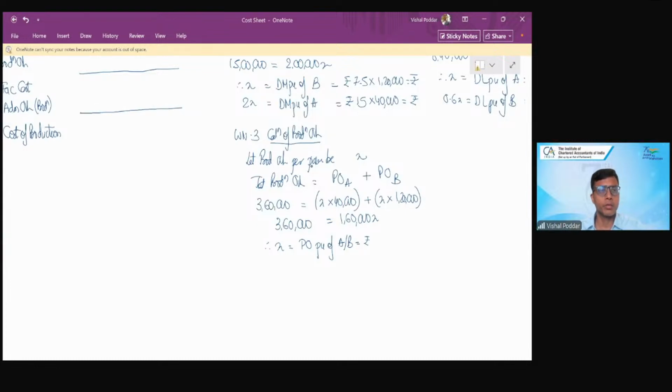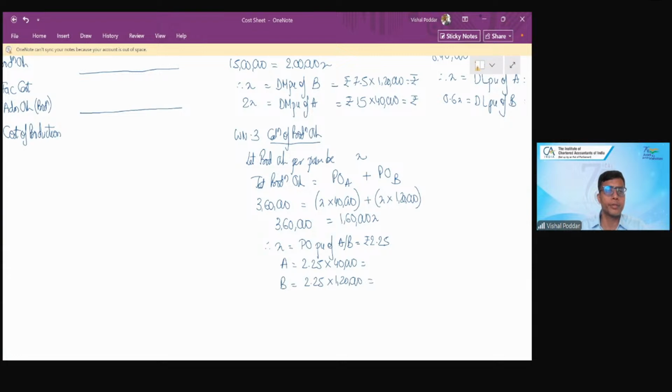Anurag has confirmed. Manivanan has also confirmed. So for A, it is 2.25 into 40,000. And for B, it is 2.25 into 120. 4 twos are 8, 10, 90,000.